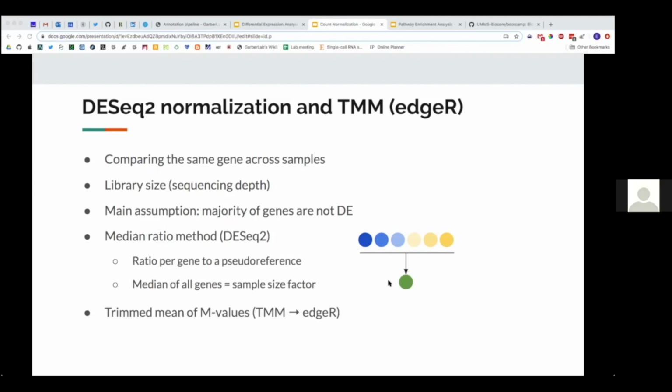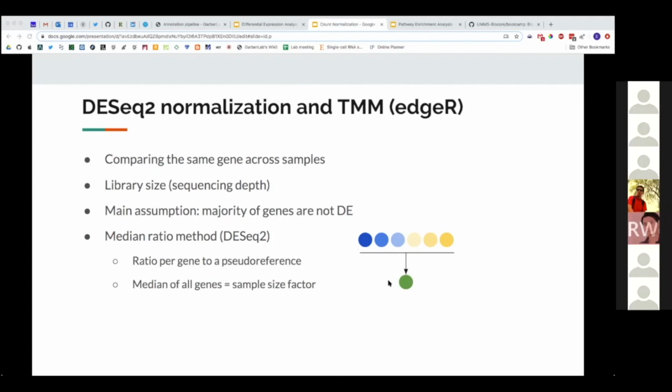So can I ask a question? Yes. So it means you can compare genes between samples, but you still cannot compare genes within samples. Exactly. Perfect observation. With this normalization from DESeq, all it's doing is comparing the same gene across samples.